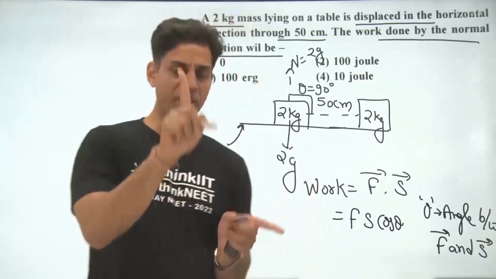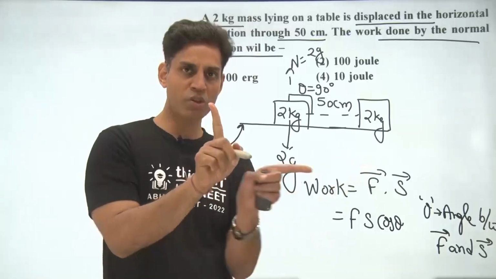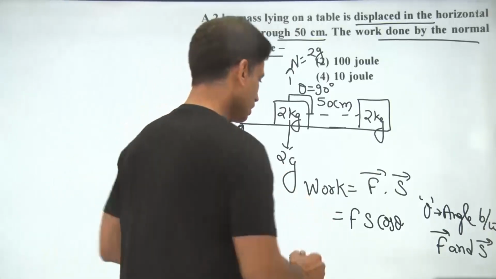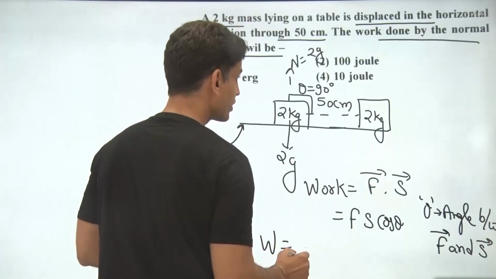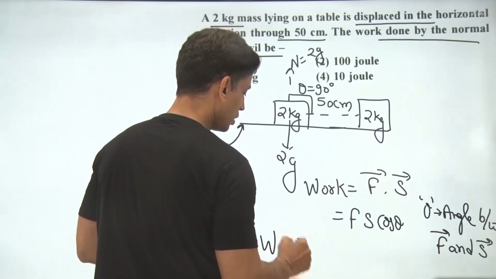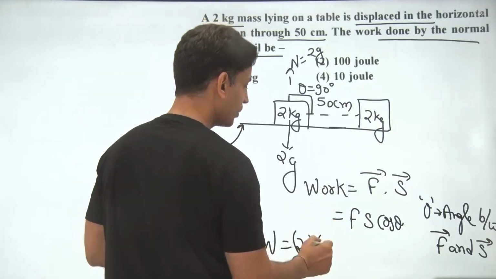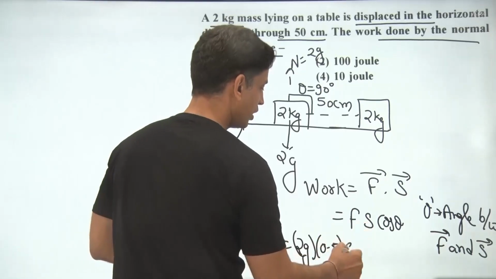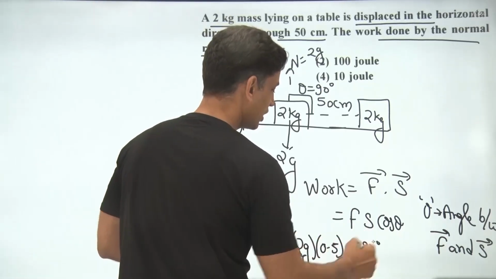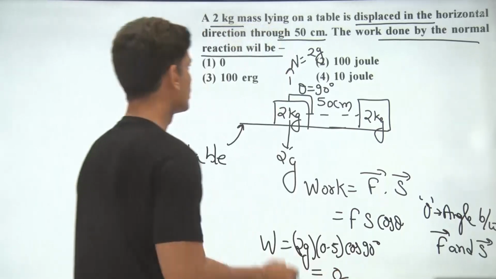This is the direction of the normal reaction and this is the direction of the displacement. So the angle between them is 90. So work equals F, which is 2g, times S, which is 50 centimeter, that is 0.5 meter, into cos 90. Cos 90 is 0, so work will be 0.